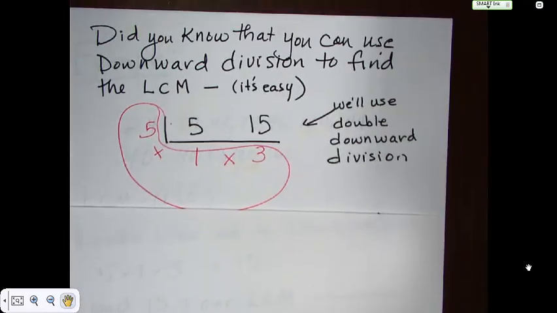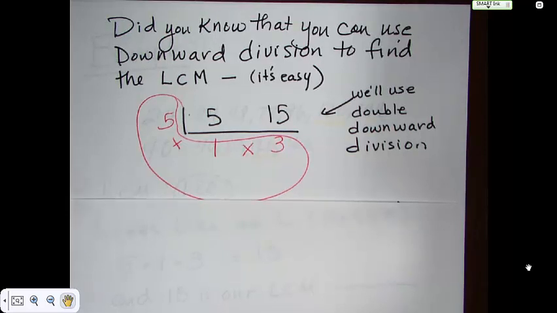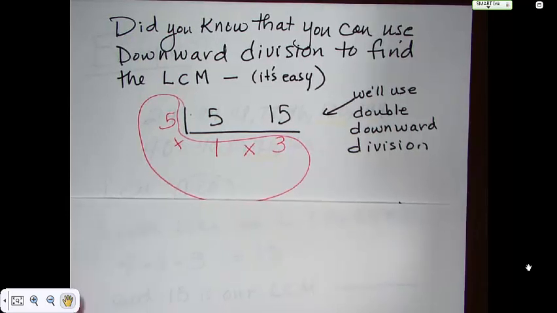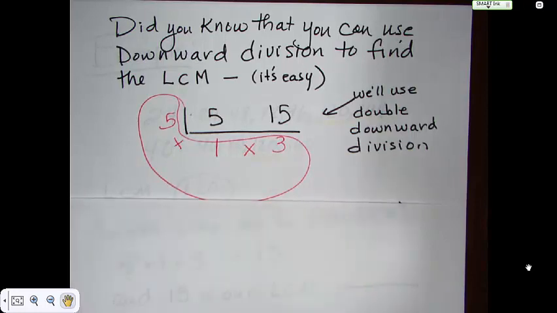Now, I want to tell you, some of you have been balking at using downward division, but I'm going to tell you right now that downward division is one of the easiest ways to find the least common multiple ever, especially if you've got big numbers. This is 5 and 15, the one we just did.